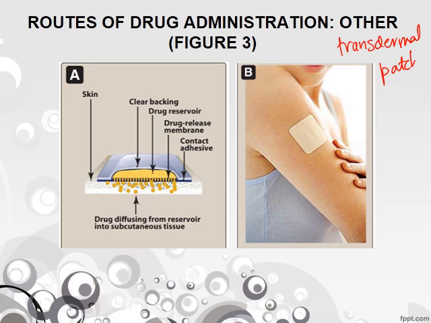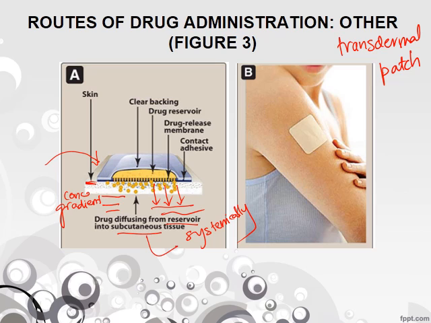When you put the patch onto your skin, you generate a concentration gradient from outside the skin to the blood vessel, and your drug will come into the blood vessel and be carried systemically. They diffuse from the reservoir into the subcutaneous tissue, then go into the blood systemically. Externally, this is how it looks.